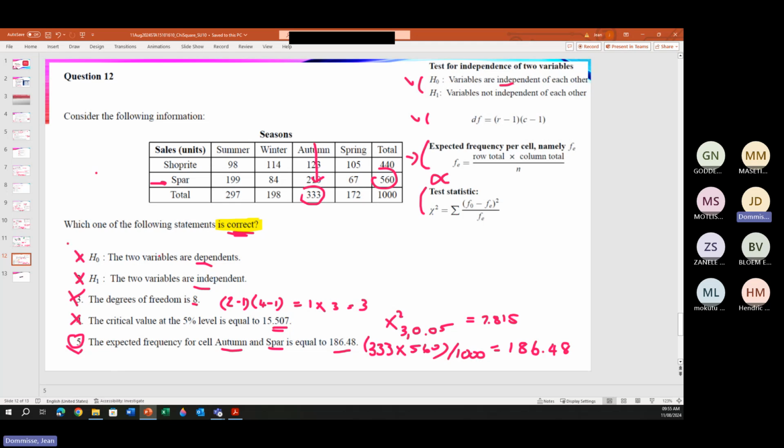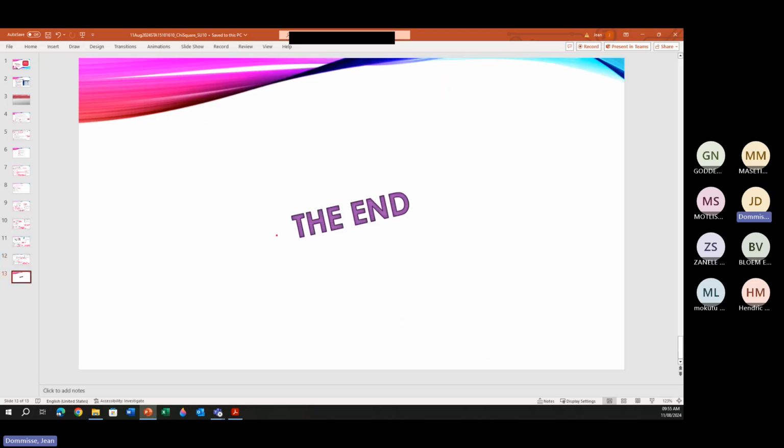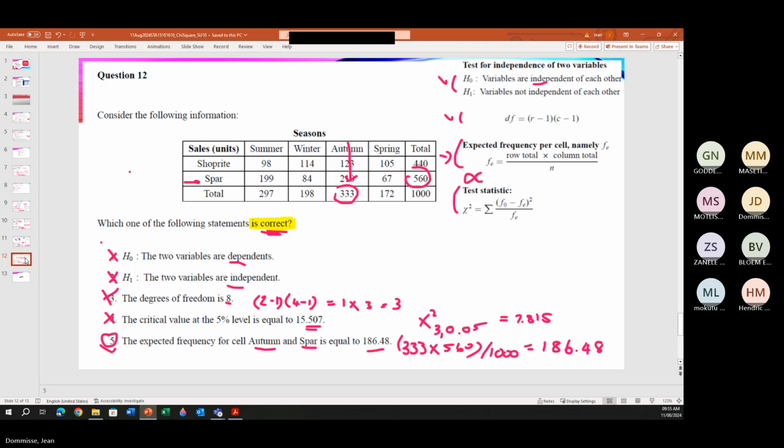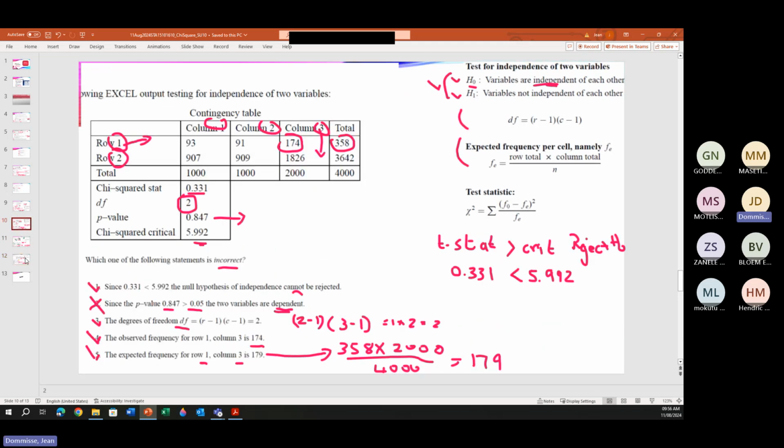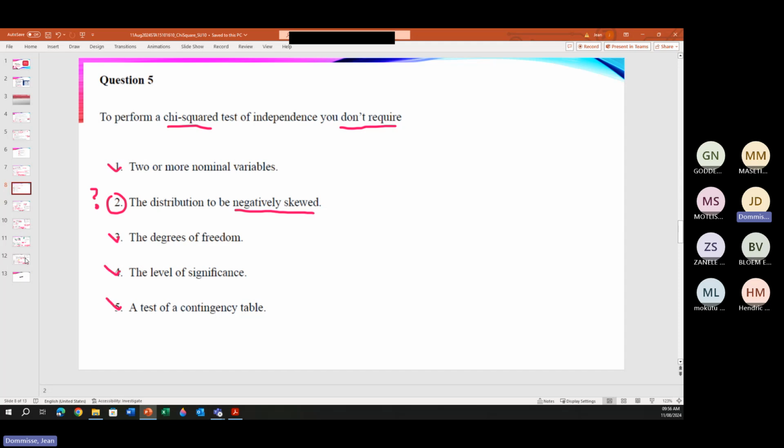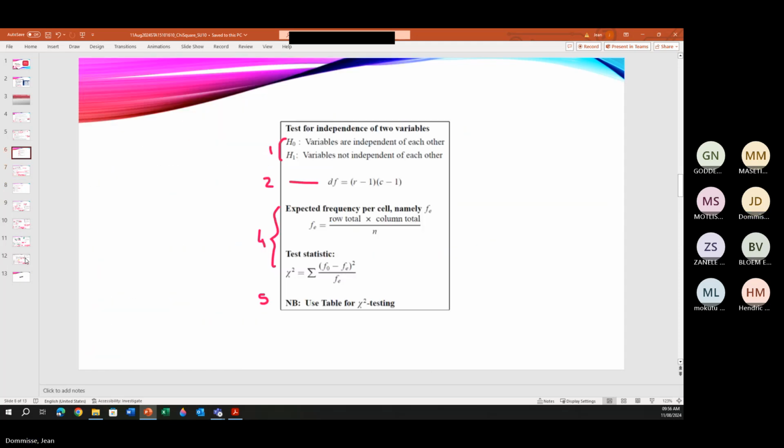Okay, so that is our session today. I think, and the guys that are later listening to the recording as well, for chi-square, it is best to use this method of using this table from your study guide.